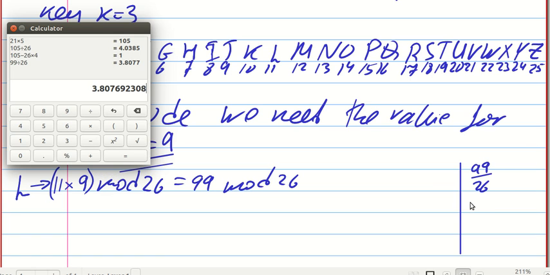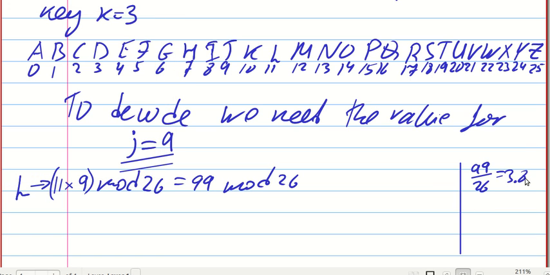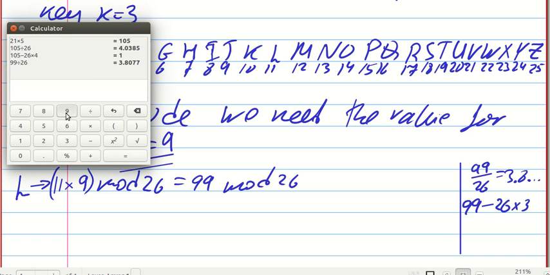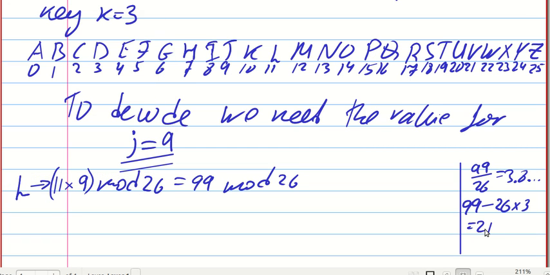So it's 3.8 dot dot dot. So that means 99 minus 26 times 3, so we're going to get 21. 21, that's our answer. We look up number 21, that's letter V.